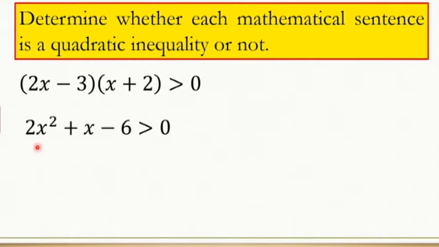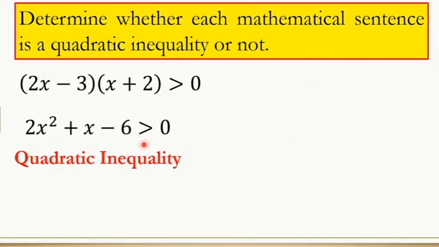So, you will have 2x squared plus x minus 6 is greater than 0. Kapag nasolve na natin siya, now you can identify if it's a quadratic inequality or not. So, titingnan natin, naka-degree 2 ba siya? Yes. Ang a niya ba ay hindi equals 0? Yes. Ang symbol niya ay greater than. So therefore, this is a quadratic inequality.